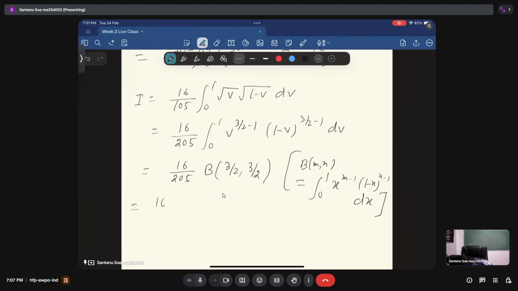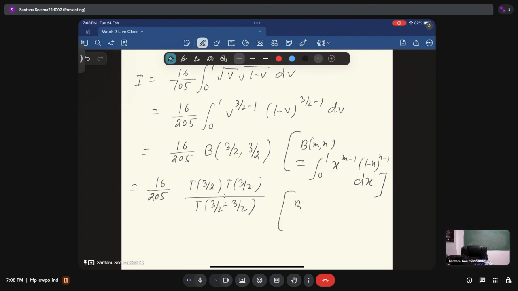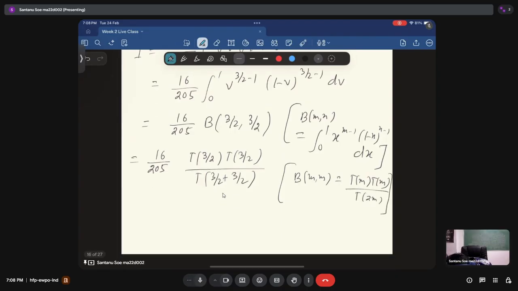So this is going to be 16 by 105 times gamma of 3/2 times gamma of 3/2 divided by gamma of 3/2 plus 3/2, because beta of m comma m is gamma of m into gamma of m by gamma of 2m, correct?